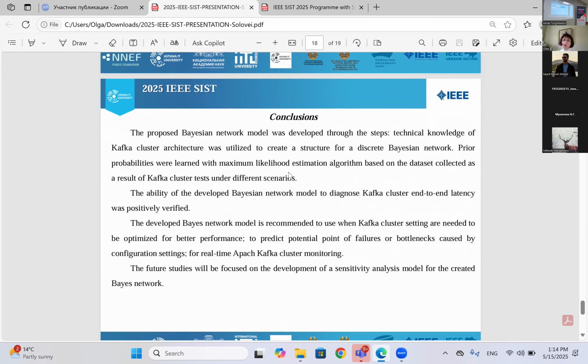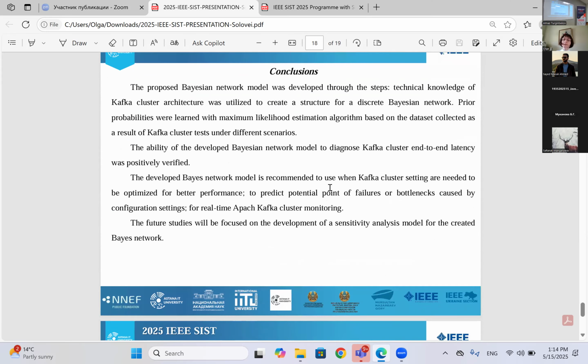Having this test verification, we concluded that our proposed Bayesian network is able to predict the latency, and we can recommend using this Bayesian network when Kafka cluster settings need to be optimized for better performance, to predict potential points of failure or bottleneck.